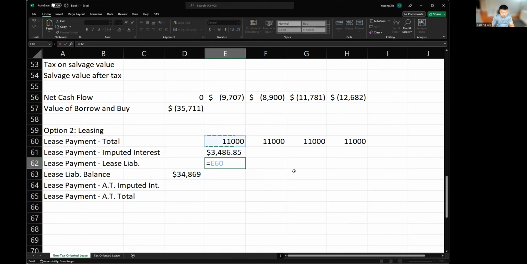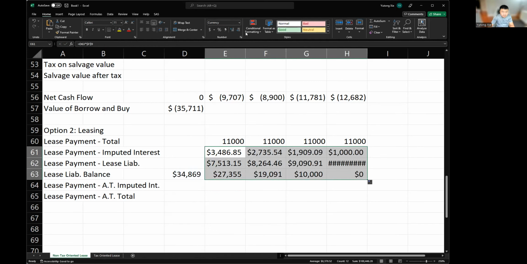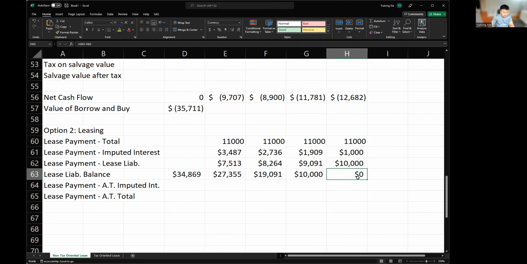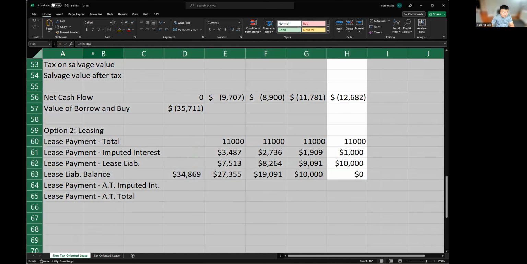Then the payment to lease liability is the difference between the two. Then the remaining lease balance is previous minus the current. Okay. So then I need to copy and paste like this. And as you can see, the last lease liability balance is 0.